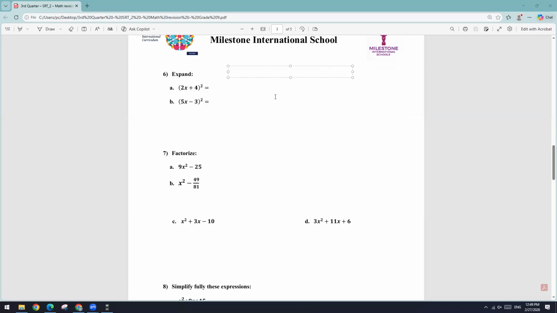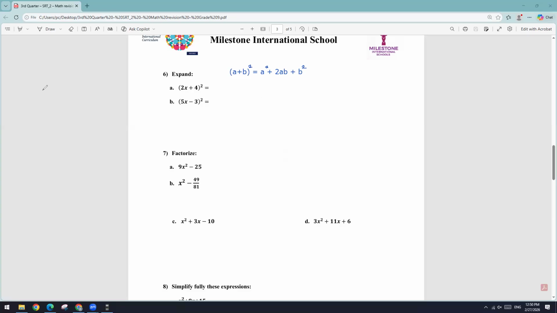If it is (a plus b) squared, equals a squared plus 2 times a times b plus b squared. (a plus b) squared equals a squared plus 2ab plus b squared.